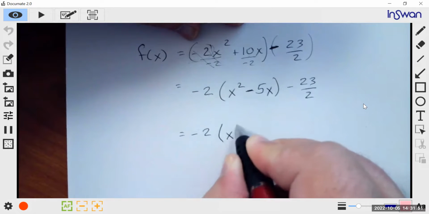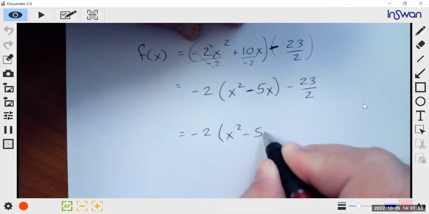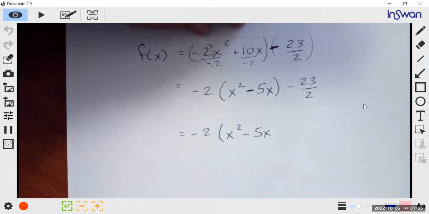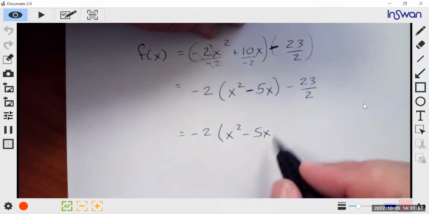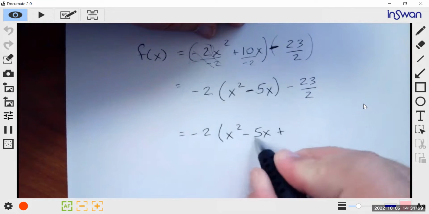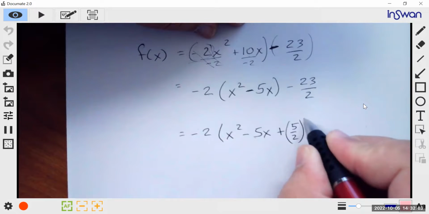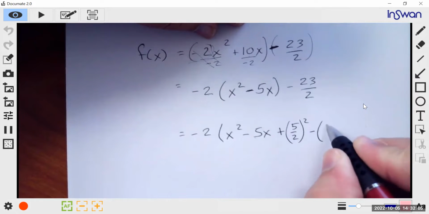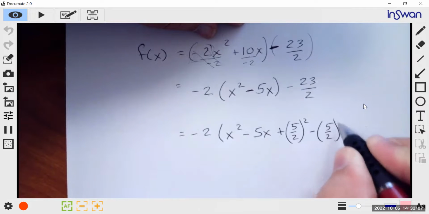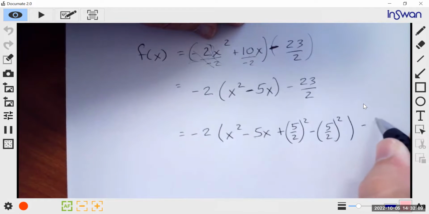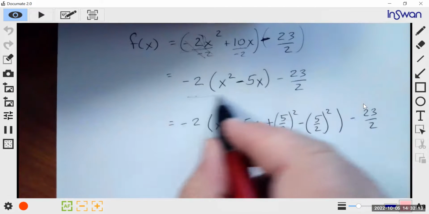Now, inside here, I have to add the (b/2) squared and subtract (b/2) squared. I'm only dealing with the x's right now.